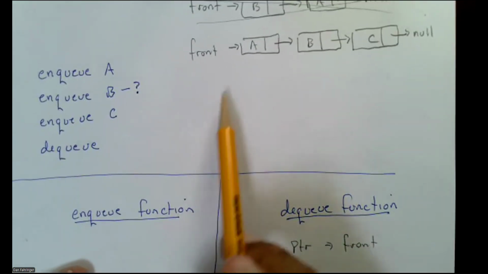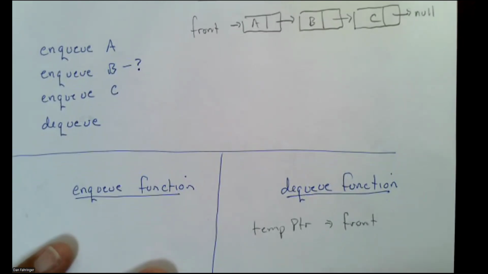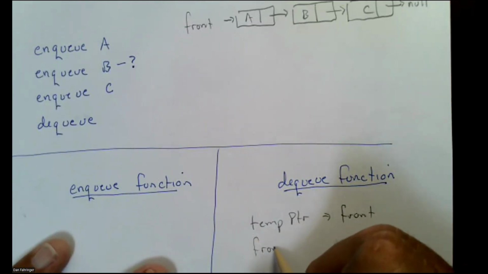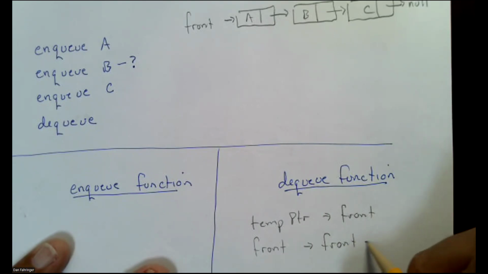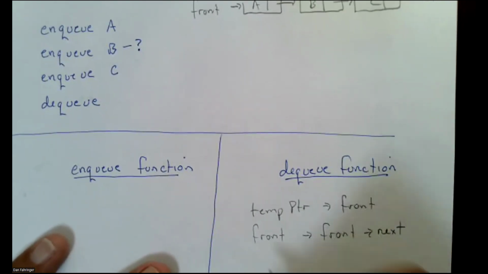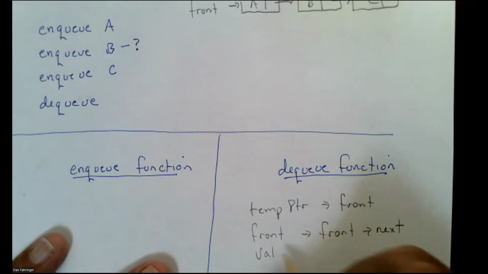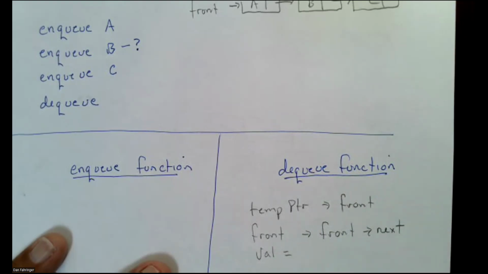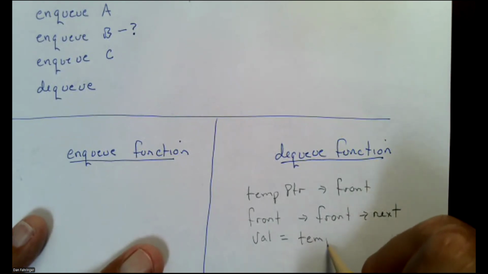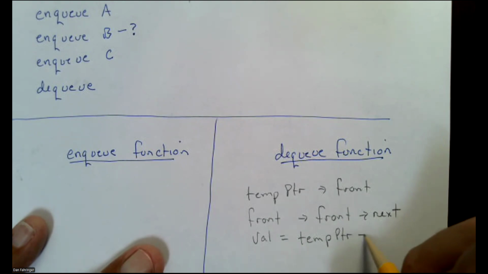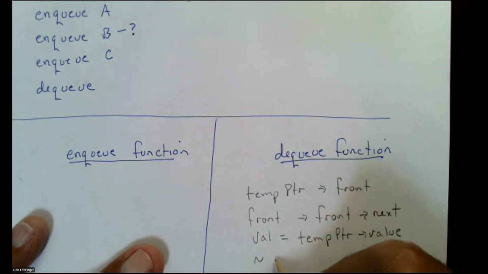Okay. So temp pointer is going to go to where front is. Front is going to get the value of front's next. The value I want to return is going to be assigned from temp pointer's value, and then I could destroy temp pointer.